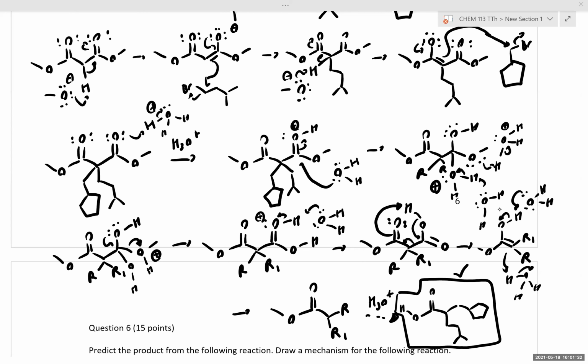It's the same mechanism as the first hydrolysis. You protonate the ester, water attacks, you have a proton transfer, and then you kick out your leaving group. So this set of steps here is just repeated.